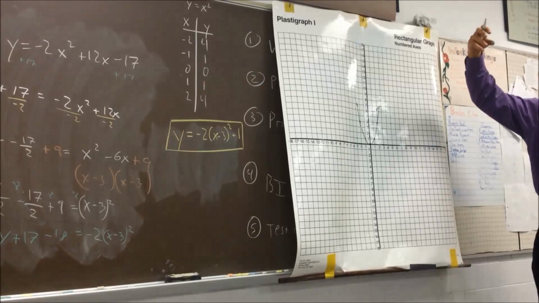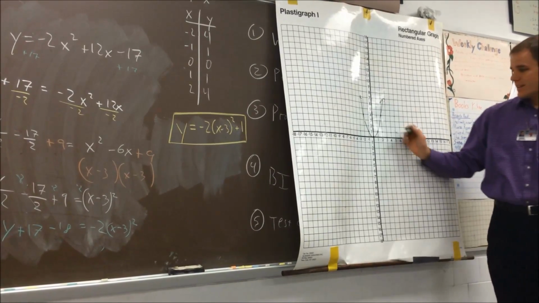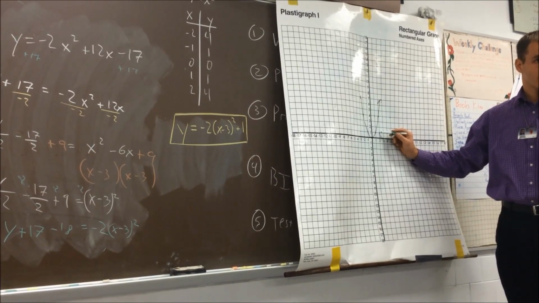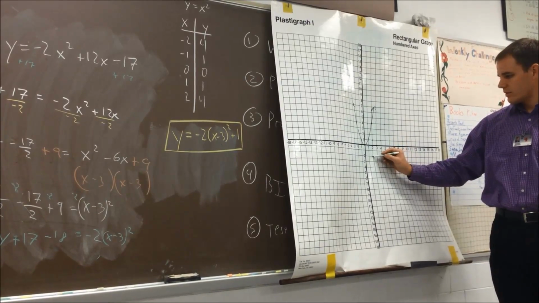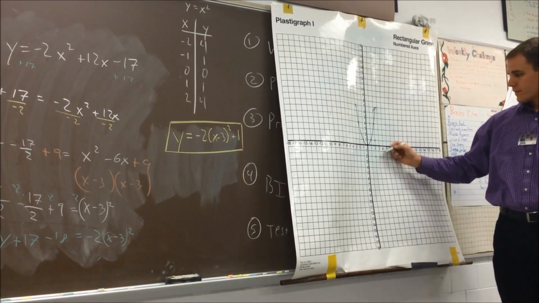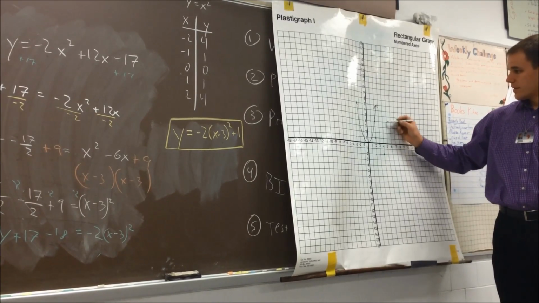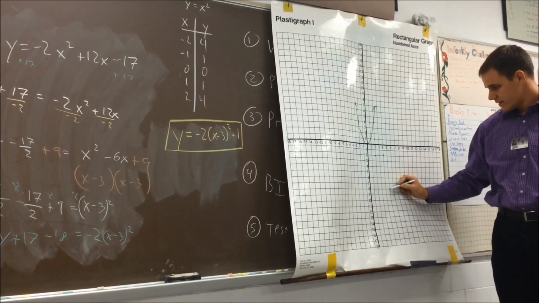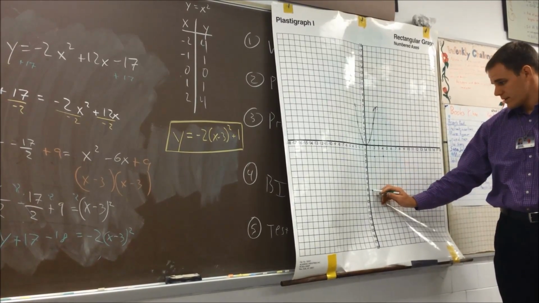It stretches it, and the negative flips it. So this right now, the y value here is +1, right? But I'm going to be multiplying it by -2, so it should be -2. This was 1, now it's down here at -2. This was +4, so now it's going to be down here at -8.